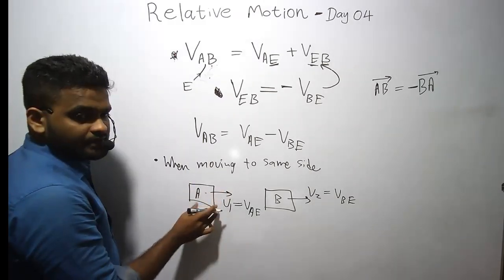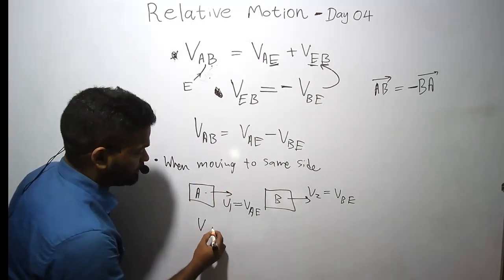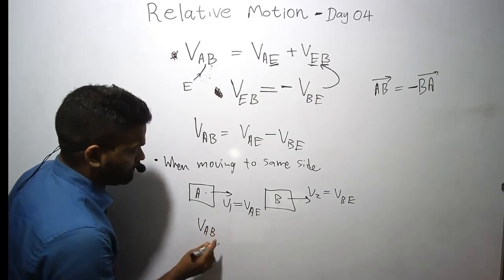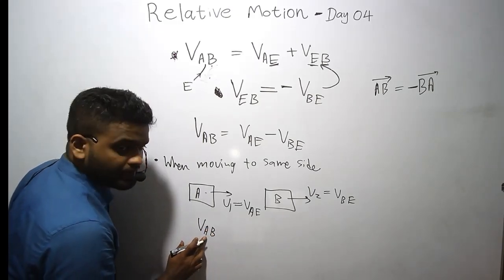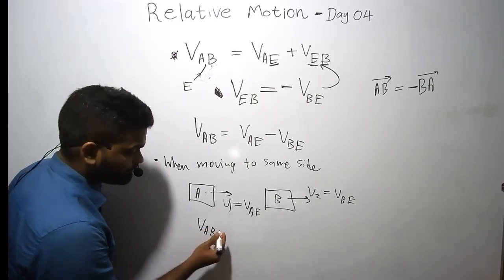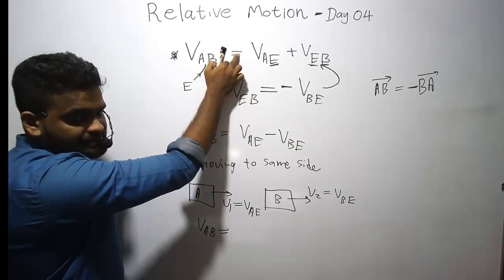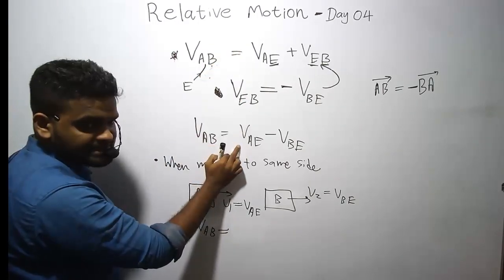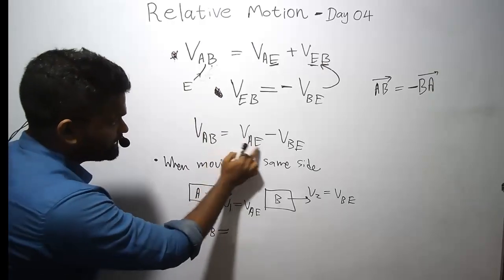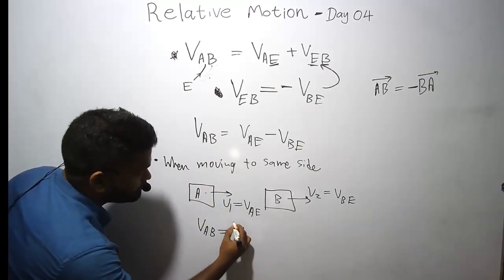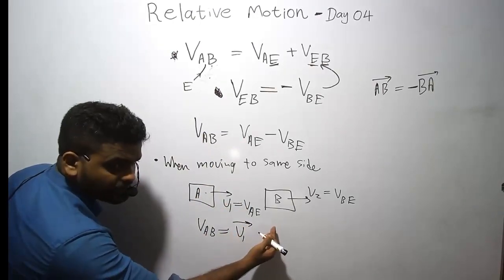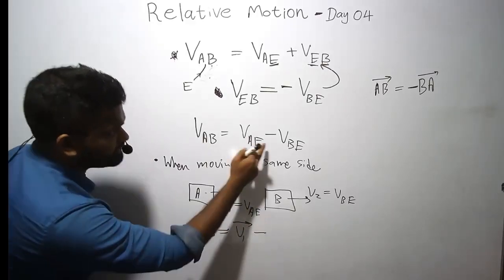Then we need to find the velocity of A relative to B. So I'm going to use the same equation as this. What is VAE? VA is to this side, V1, minus VBE.